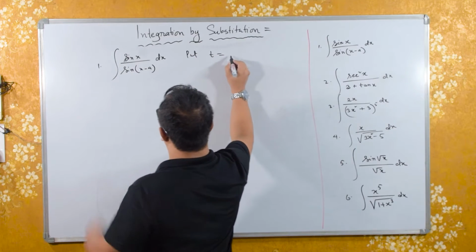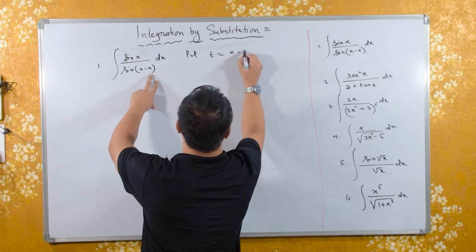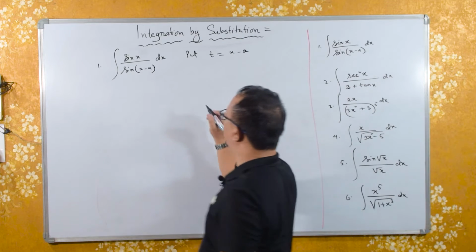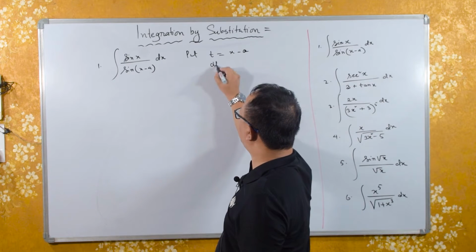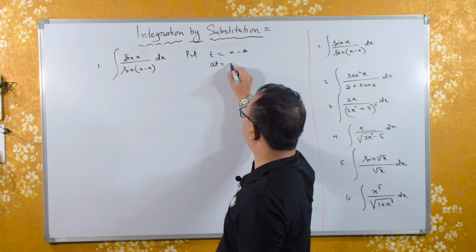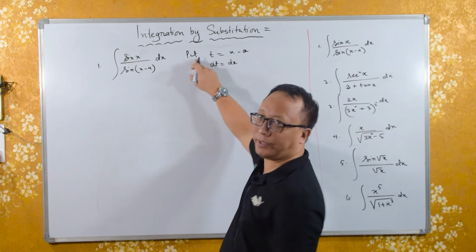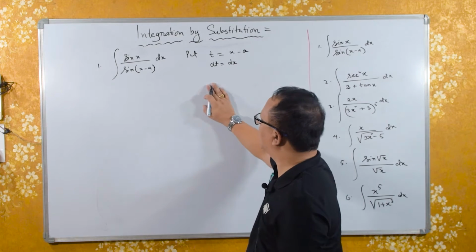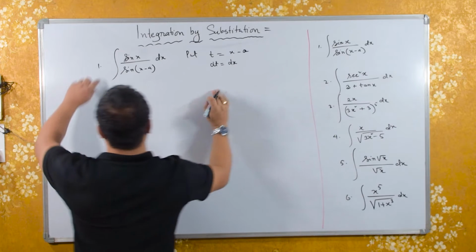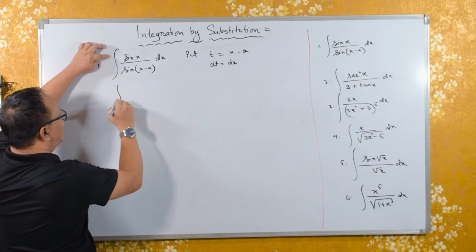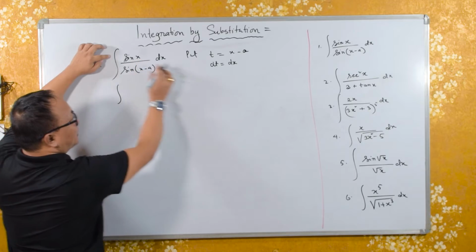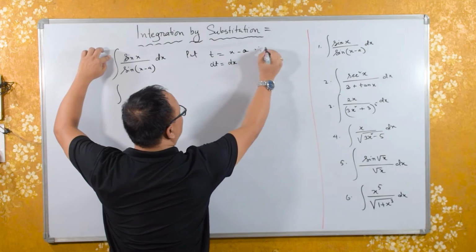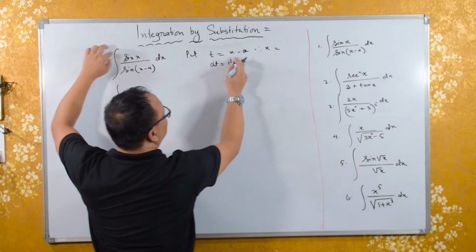If I put t equals x minus a, then dt will be dx. So therefore this integral will be integral of sine x. What is x? x equals t plus a.